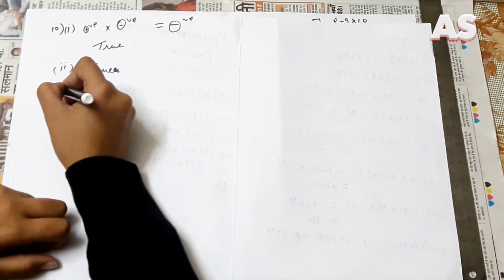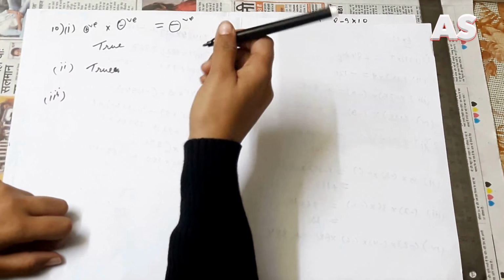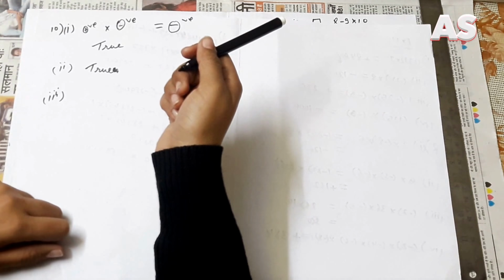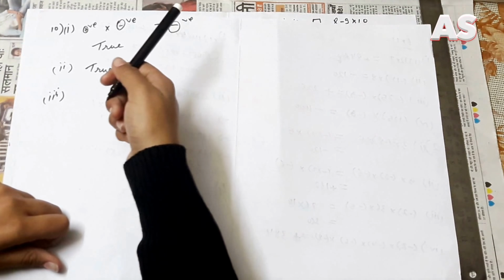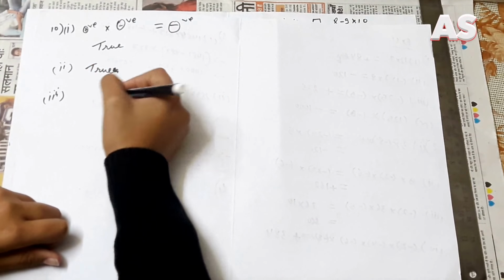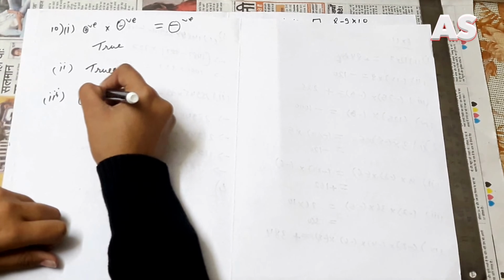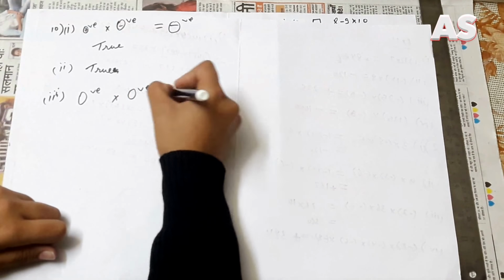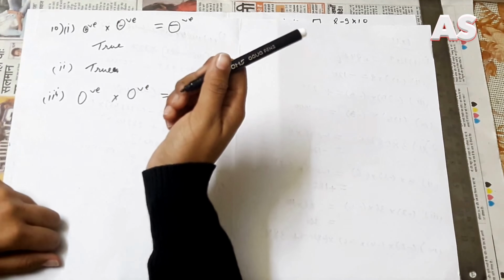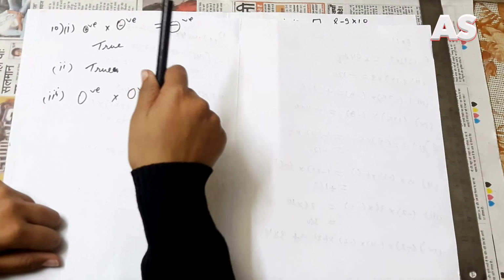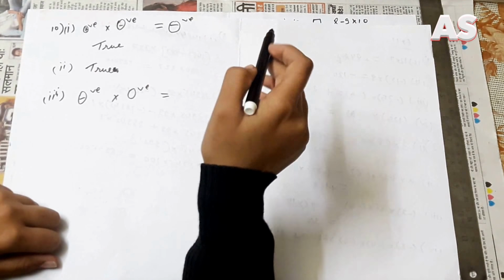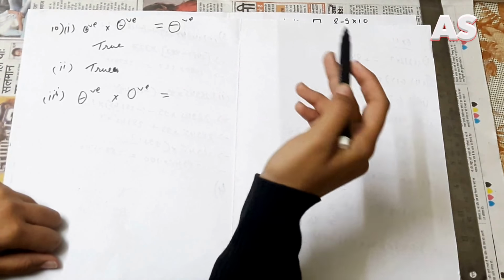Third part: of the two integers, if one is negative, then their product must be positive. We don't know which type of integers they are, whether negative or positive. So if one is negative, then their product must be positive?